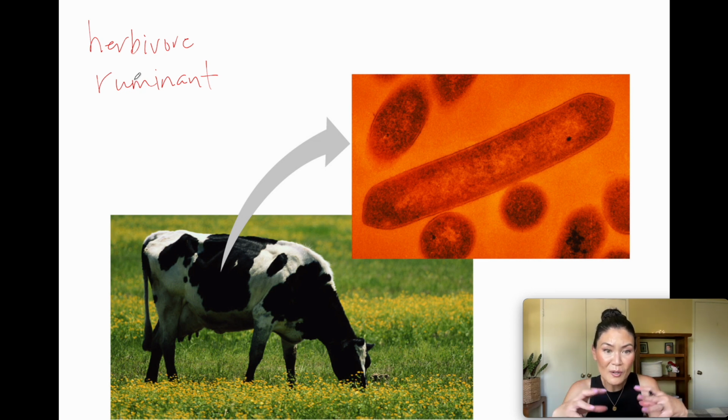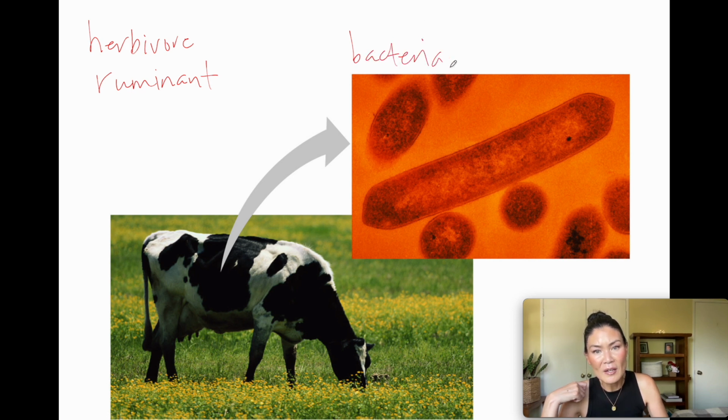These rooms are where grass or the plant material is being digested by bacteria. Inside the rooms of the cow are trillions, quadrillions, okay, of bacteria living inside of them. And the bacteria, they do have the enzyme. They have a mechanism for breaking down the cellulose.